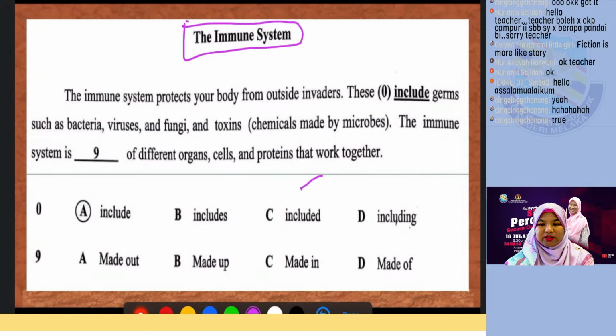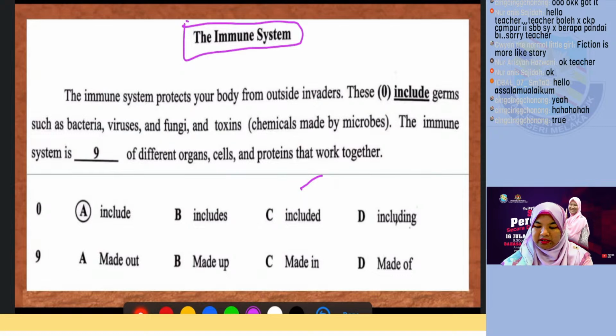These include germs such as bacteria, viruses, and fungi, and toxin. Toxin, the chemical made by microbes. The immune system is, here you have blank, blank of different organs, cells, and proteins that work together.